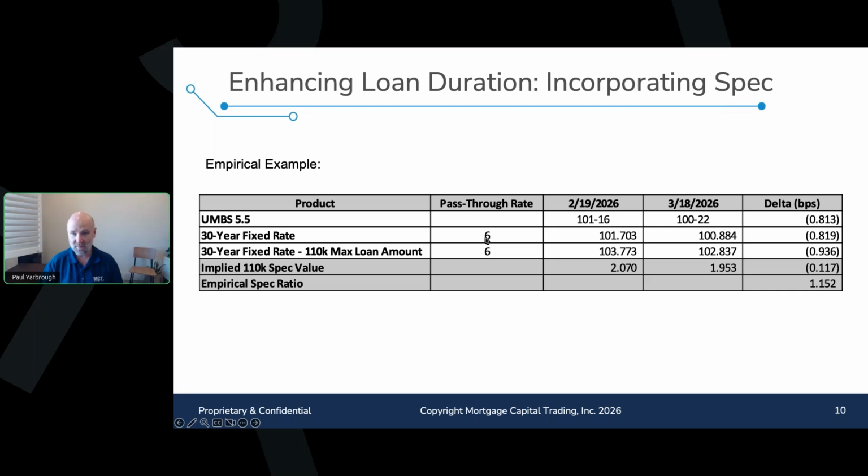So the pass-through rate there that goes into the 5.5 is the 6 note rate. We're looking at February 19th at 101.70 price down to par 88. Obviously it had a corresponding drop there.